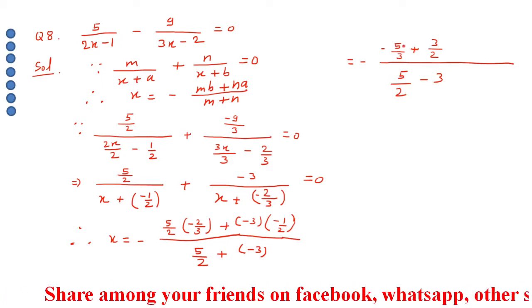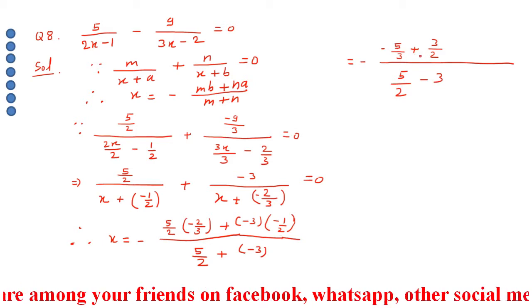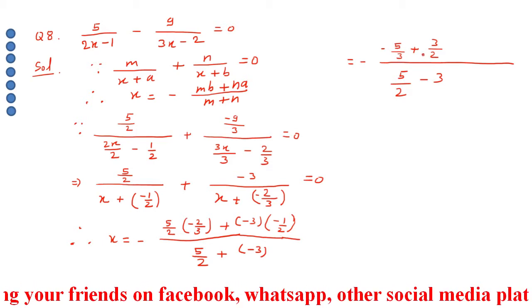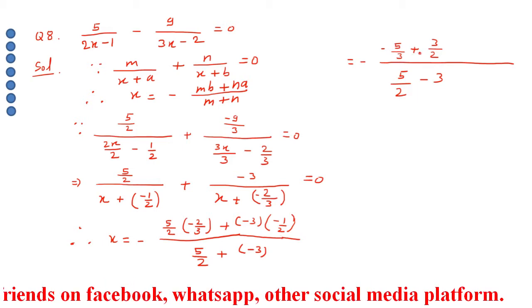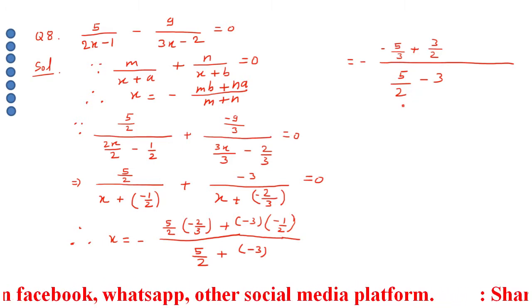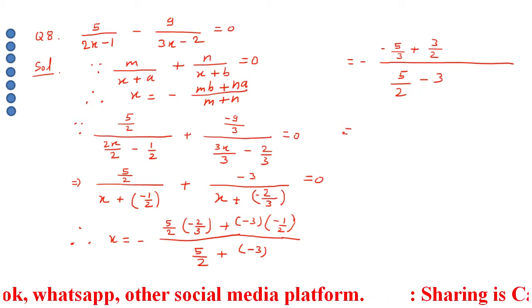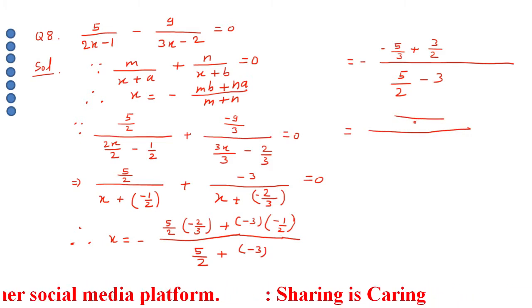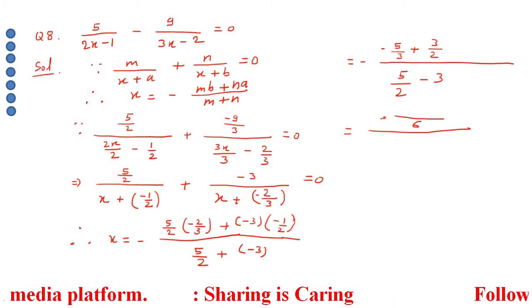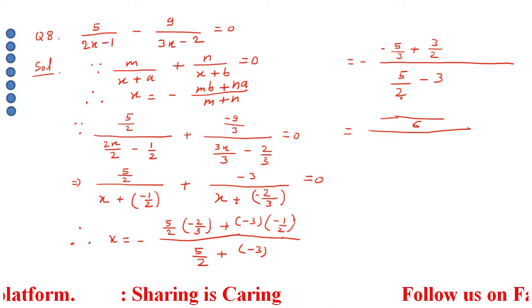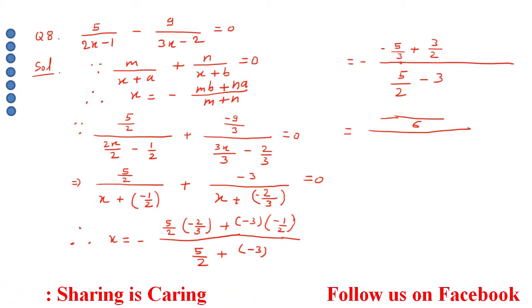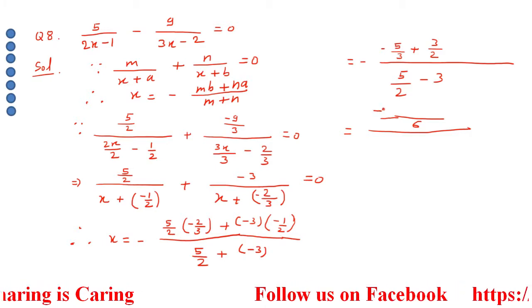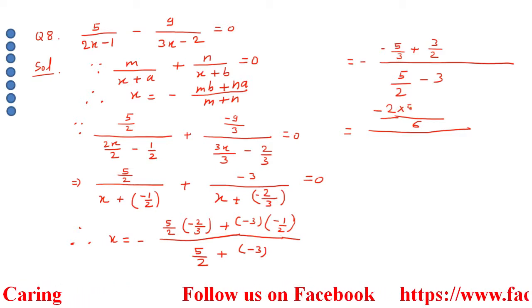Now we have to simplify it, so you just add them by taking the LCM. So take the LCM in the numerator also and take the LCM in the denominator also. The LCM in the numerator is going to be 6. So 3 and 6. 6 divided by 3 is 2. So you will obtain here minus 2 into 5.